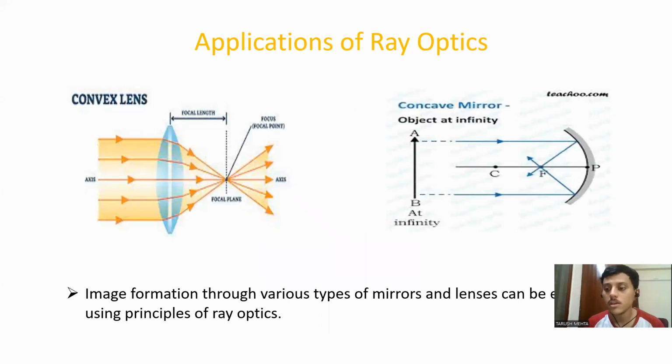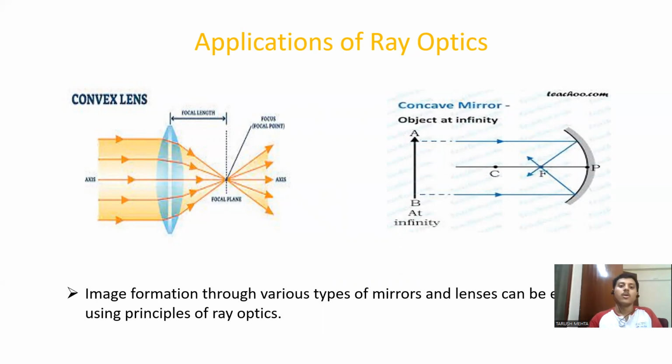Now, using these two laws of reflection and refraction, we can explain the working of various optical components like lenses and mirrors.